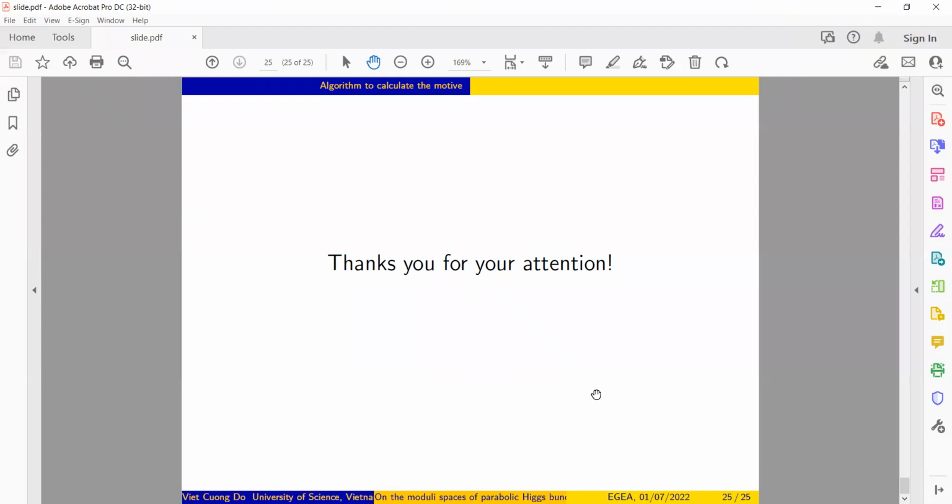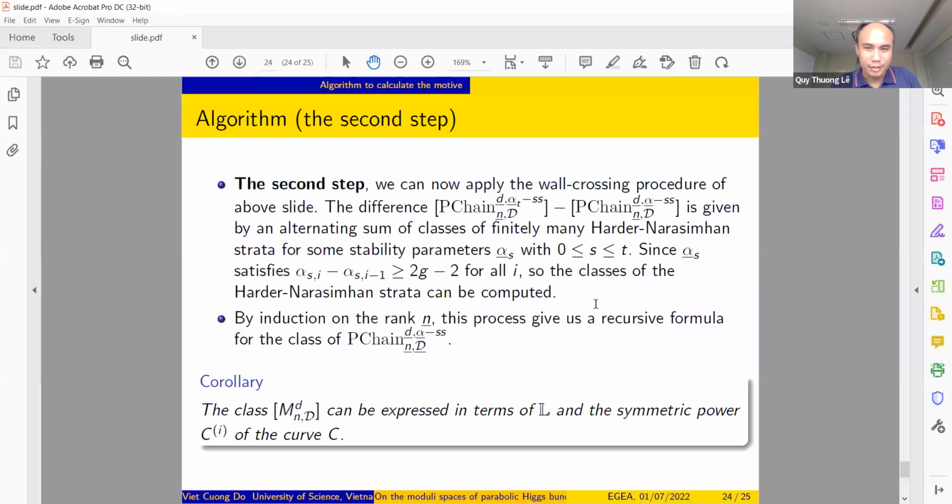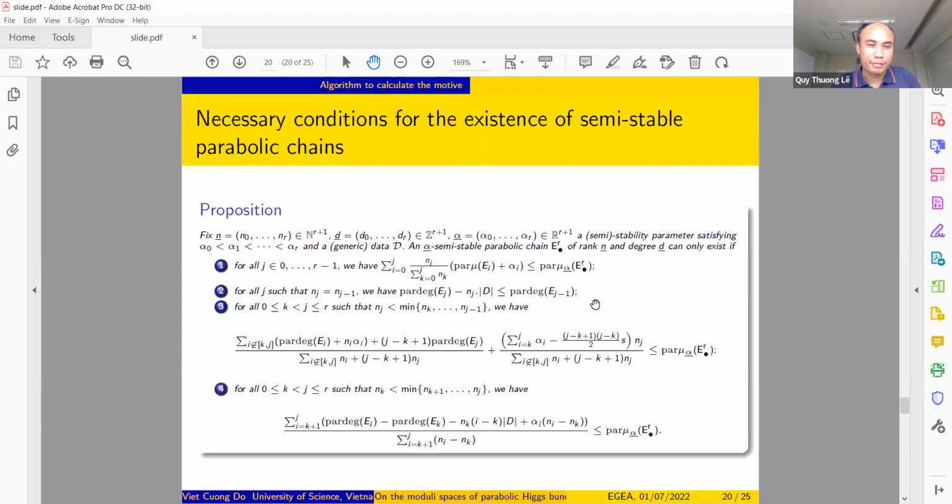There is a question by Duke here. No, I don't have any question. So I have a question. The first one is: you mentioned the stack of parabolic chains of ranks, but in the formulas you say the formula lives on the Grothendieck ring of varieties.